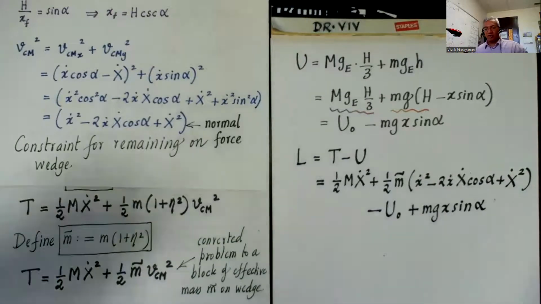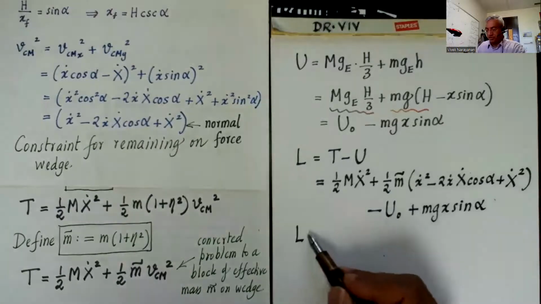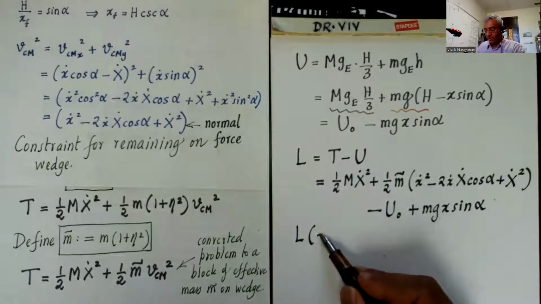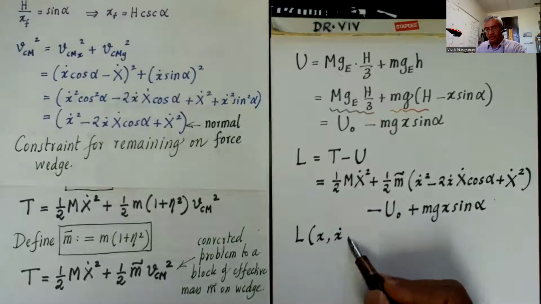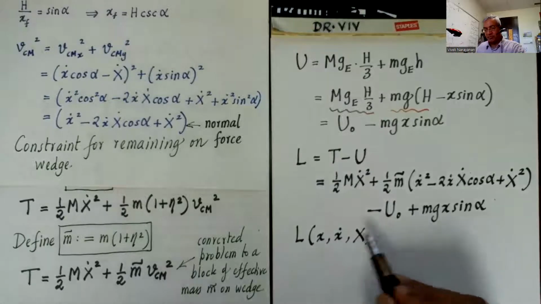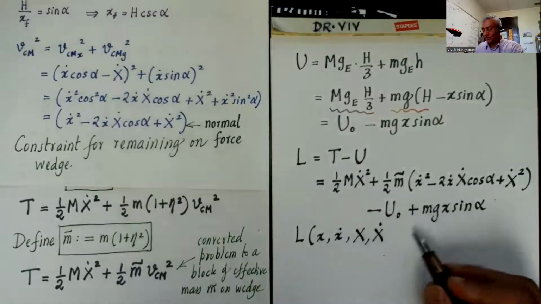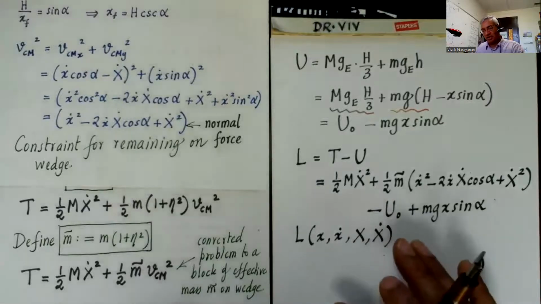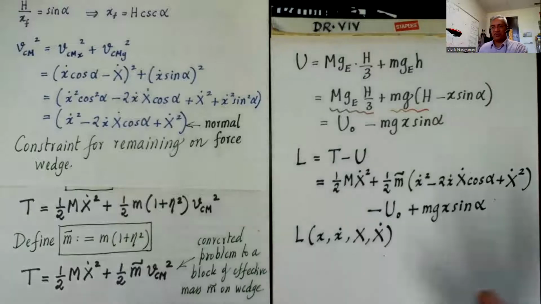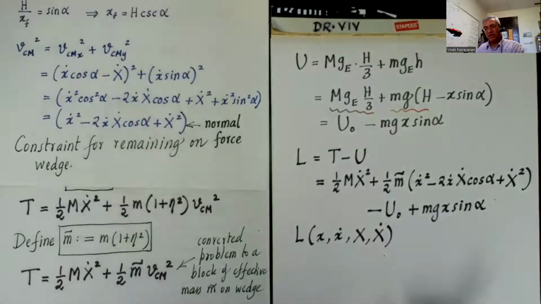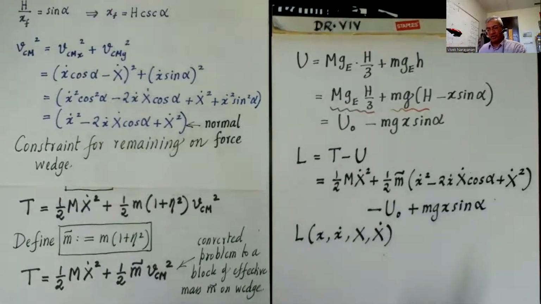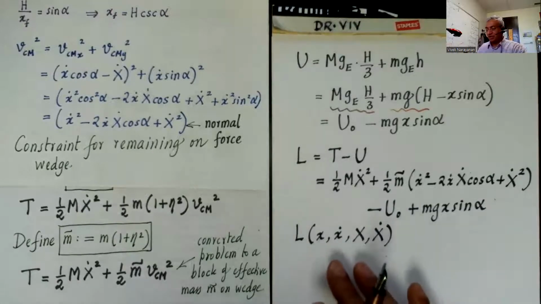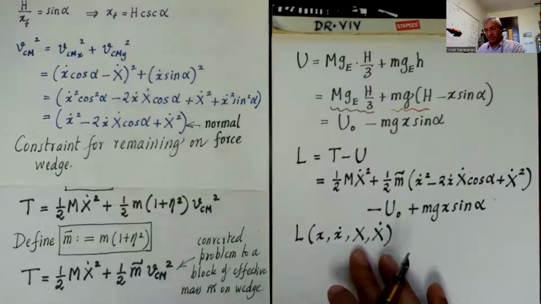There's our beautiful Lagrangian. The Lagrangian is a function of x dot, capital X dot, and not of time. So right there, you notice that because it's not a function of time, there's some energy conservation that's possible if we go to the Hamiltonian viewpoint. We're not going to go to the Hamiltonian viewpoint, but I'm just mentioning this to you. The other thing you'll notice is it truly does not depend on x.